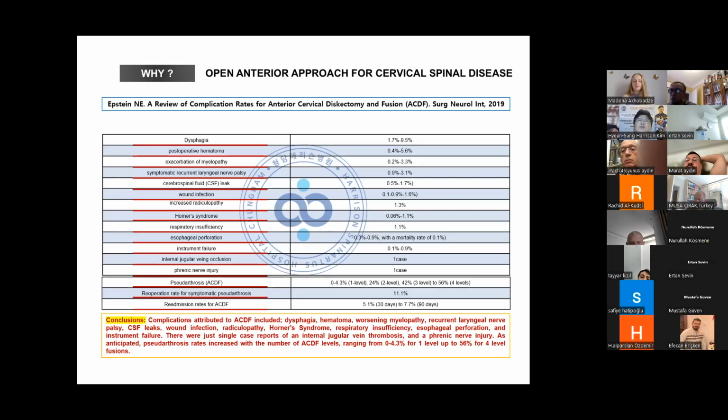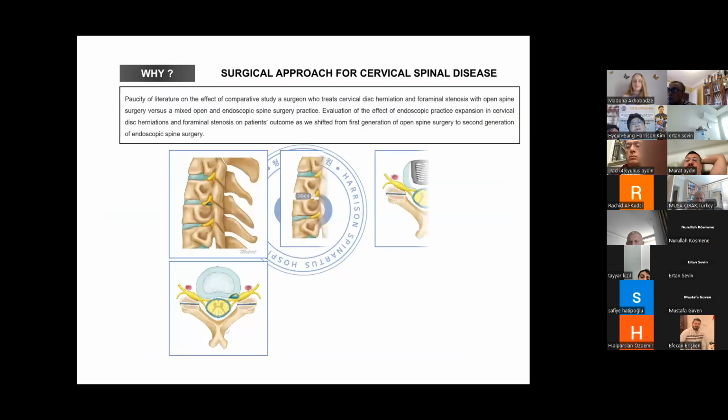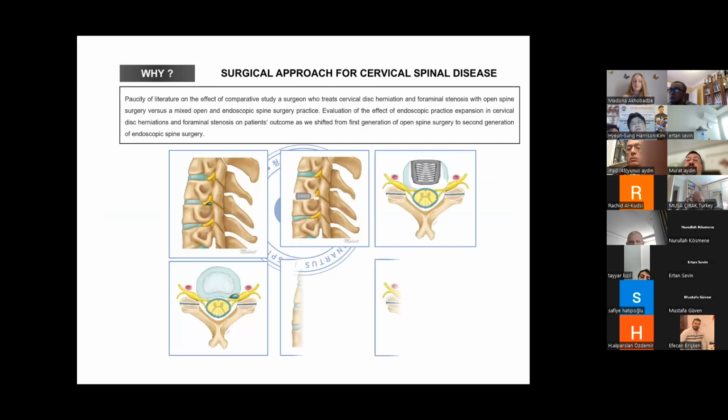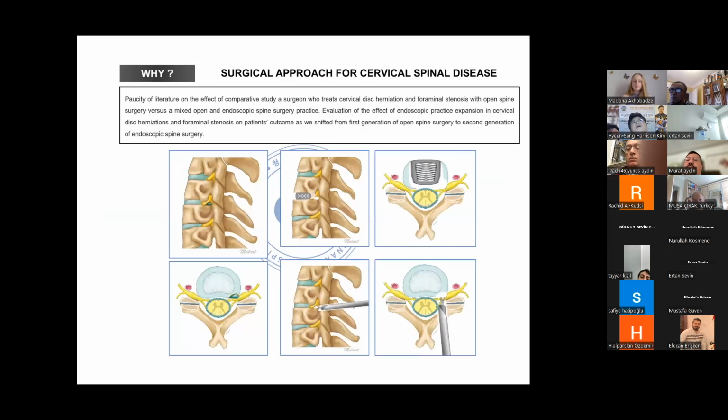That will be a better life for the patient, in my opinion. To decrease these problems, minimized endoscopic treatment options were developed a long time ago, like partial anterior foraminotomy and many other minimized approaches.